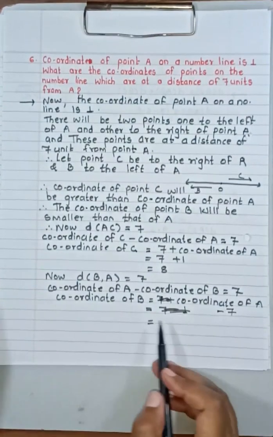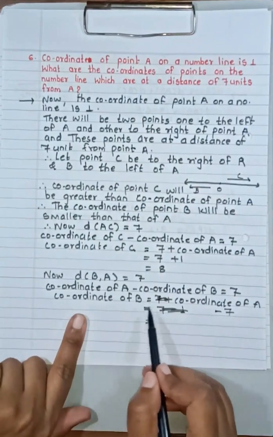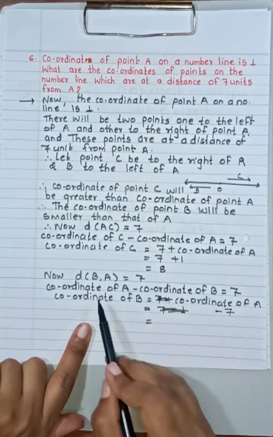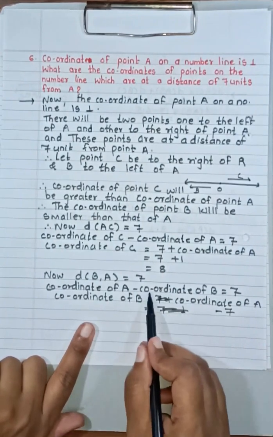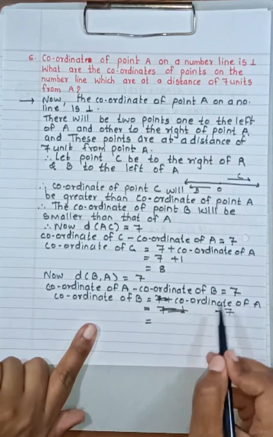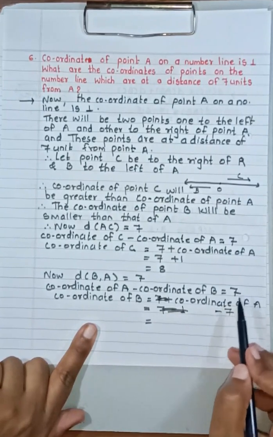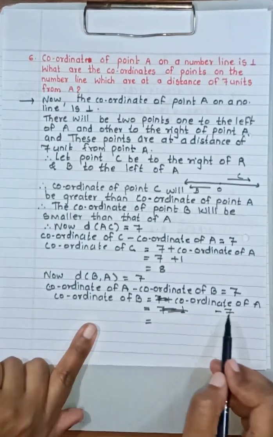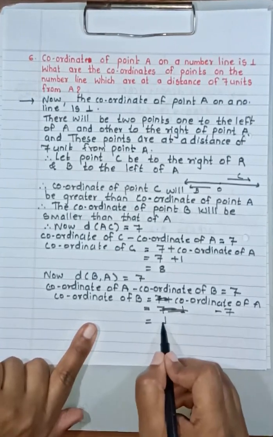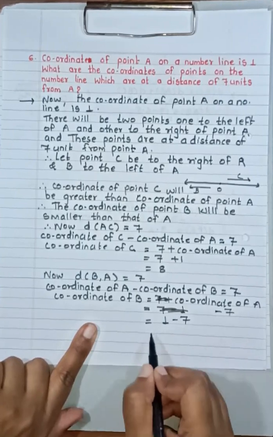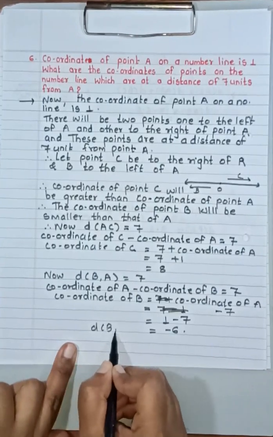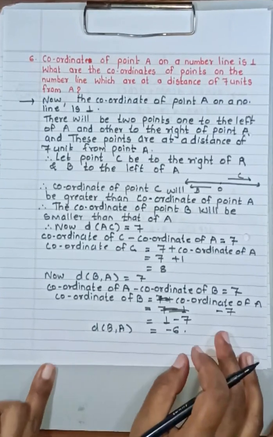Okay, let me make a correction over here. Coordinate of B is equal to coordinate of A minus 7, as we are changing the sides. Okay, therefore this coordinate of B, which is negative, will go to the other side and become plus, and this 7 will come to the other side and become minus. Therefore coordinate of B is 1 minus 7, that is minus 6.